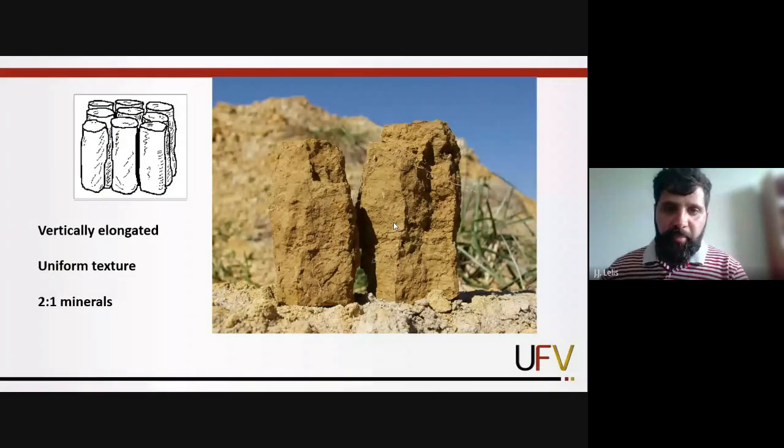These are prismatic structures, as you can see, and they are highly vertically elongated structures. These materials are formed by the variation of water in the soil between the dry season and wet season.